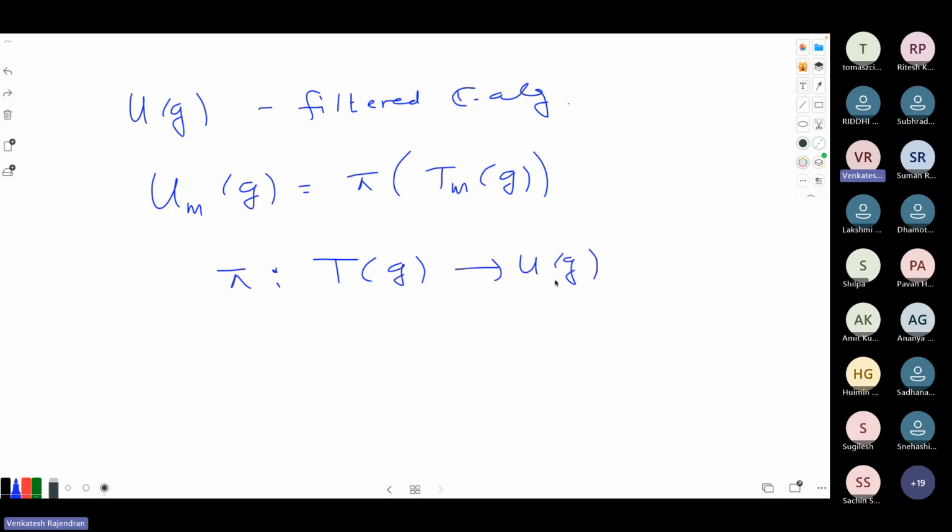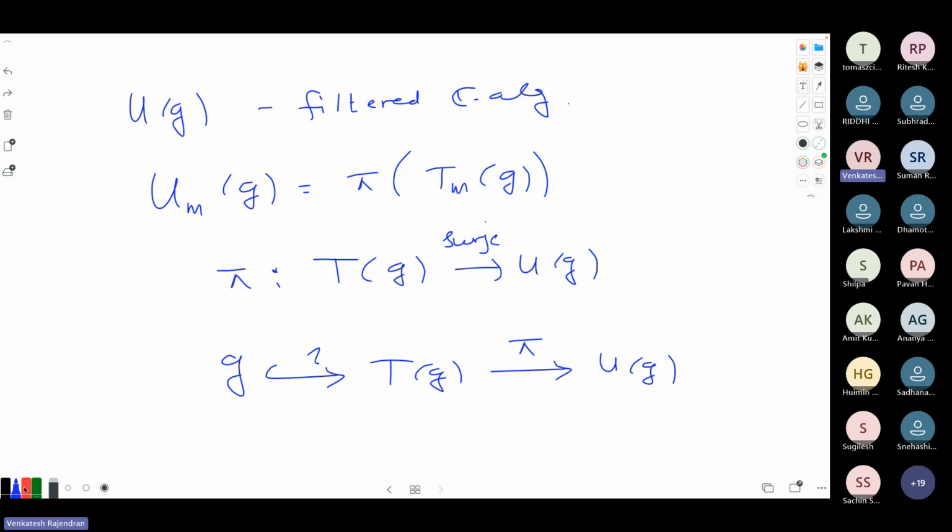So this is the surjective quotient map. So you have these various maps. From G to TG, you have this iota, and then TG to UG, you have this surjective map.